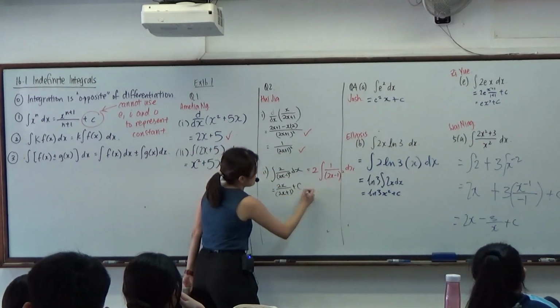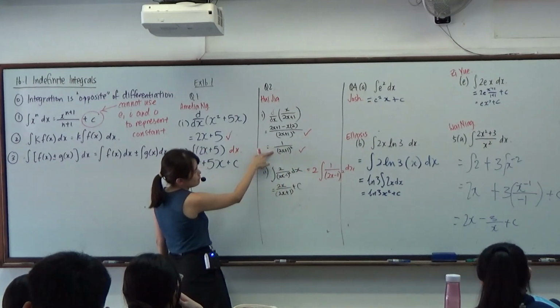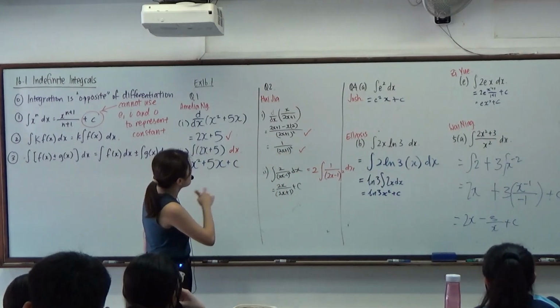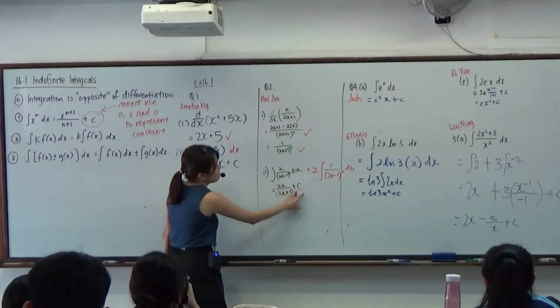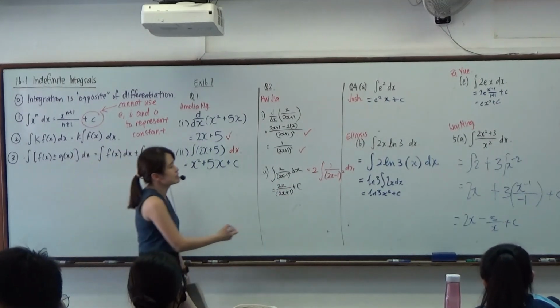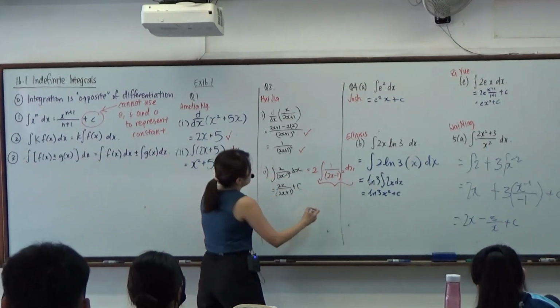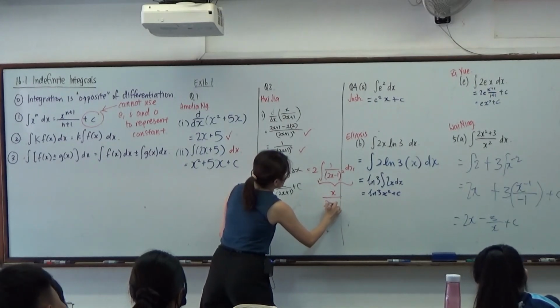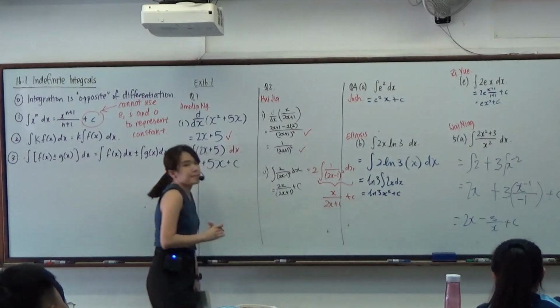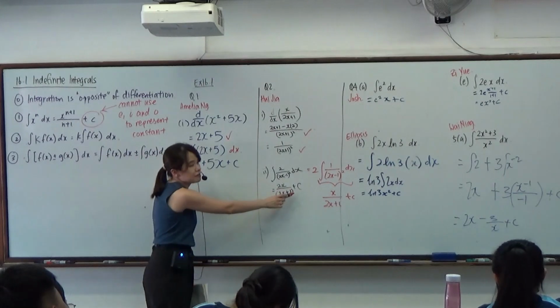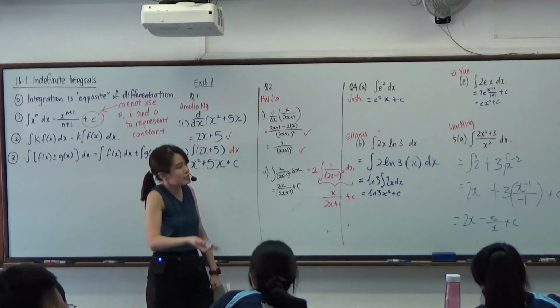So that's why we get 2 times of this, followed by the plus c, because the integration here will arrive at x over 2x plus 1 plus c. So nothing wrong with leaving it as c. You can leave it as 2c, that's also fine.